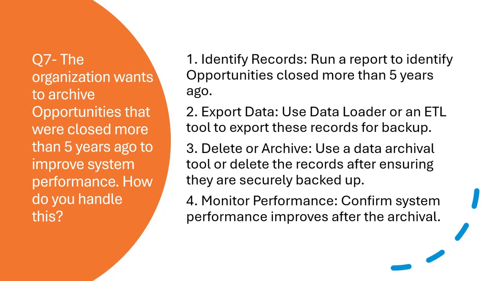Then I'll export the data using a tool like Data Loader or an ETL tool to export these records for a backup. And then I'll take an action on the exported data, use a data archival tool, or delete the records after ensuring they are securely backed up. And I'll check the system performance after doing this activity, and confirm to the team once it is completed.